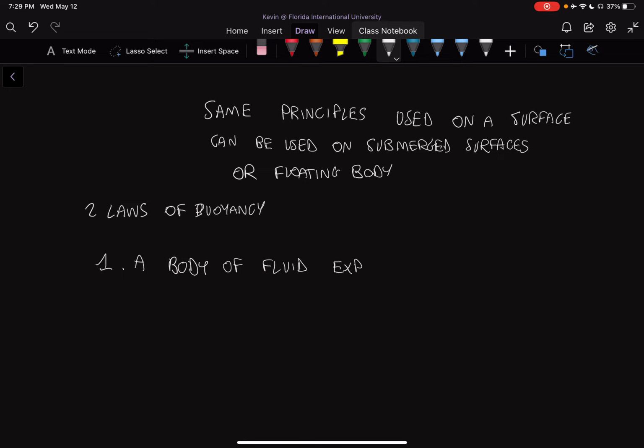I'm going to write it all out because I think it's important to have it written down, and you can think about it while you're writing it down as well. So experiences a vertical buoyant force equal to the weight of the fluid it displaces.